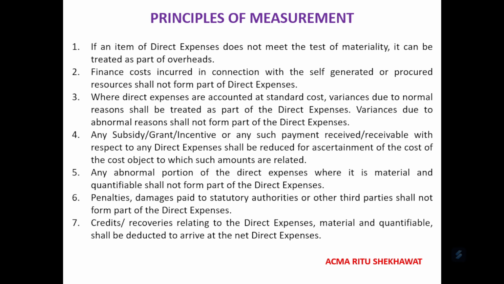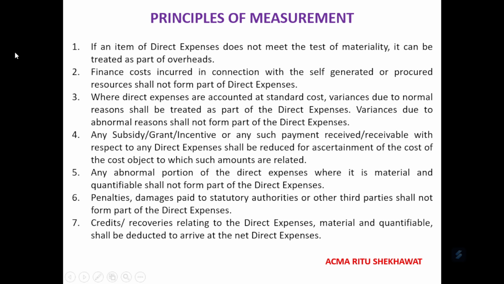Finance cost does not form part of direct expenses. Where direct expenses are accounted at standard cost, variances due to normal reasons should be part of direct expenses. If it is due to abnormal reasons, then it should not be part of direct expenses.